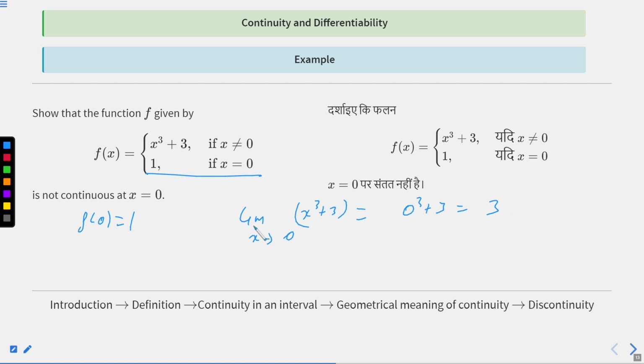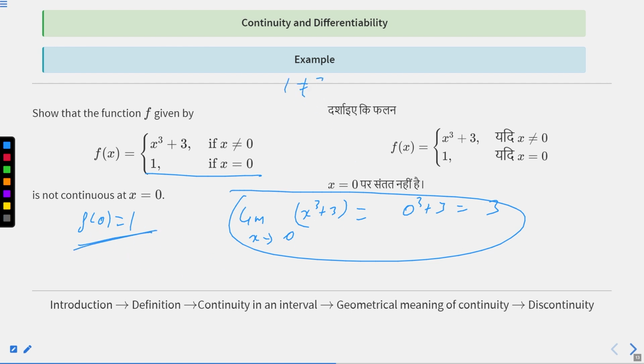So the limit as x tends to 0 is 3, but the actual value is 1, and 1 is not equal to 3. So you can see that it is discontinuous at 0. Not continuous means discontinuous. Okay, clear?